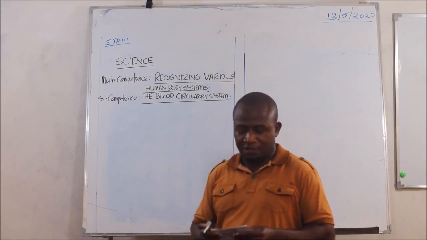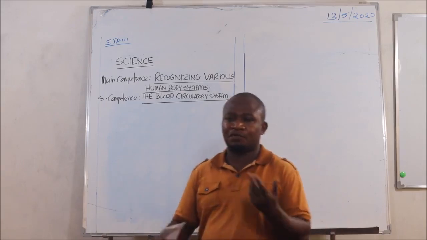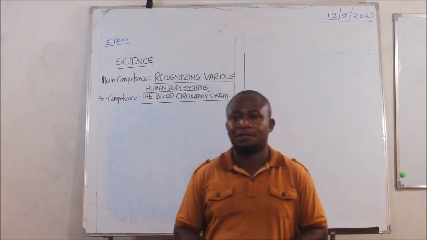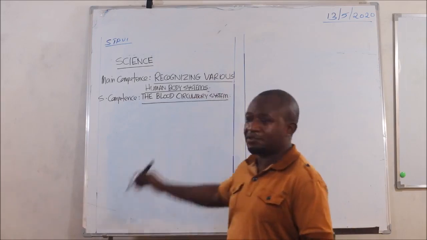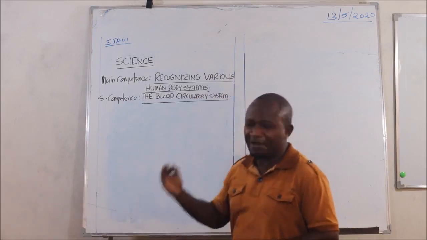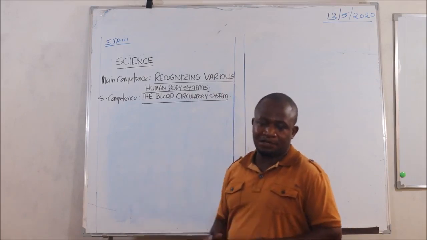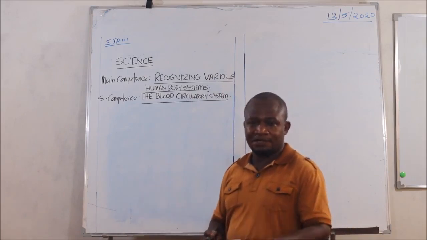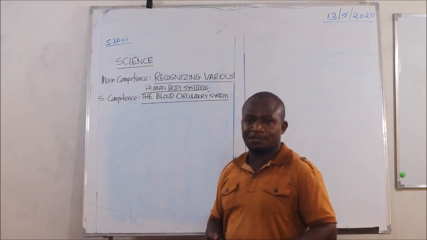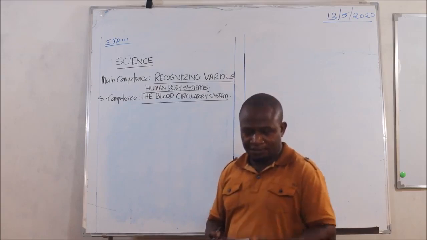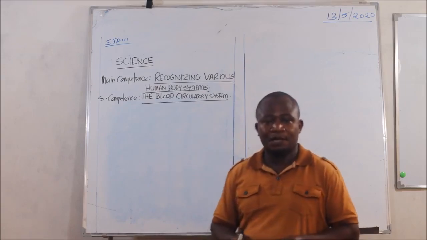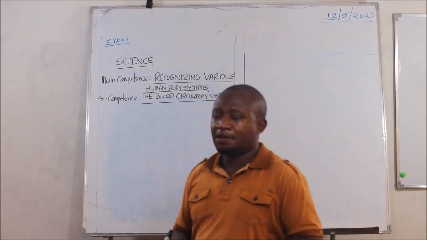So there are various body systems. Examples include the blood circulatory system, which is our main focus today. Others include the nervous system, the skeletal system, the digestive system, and many other body systems.